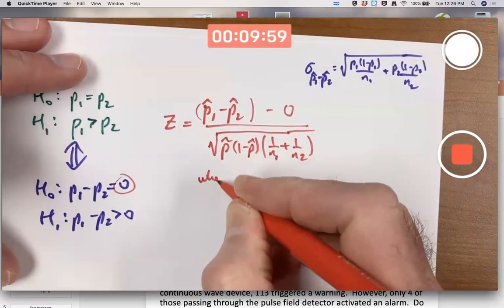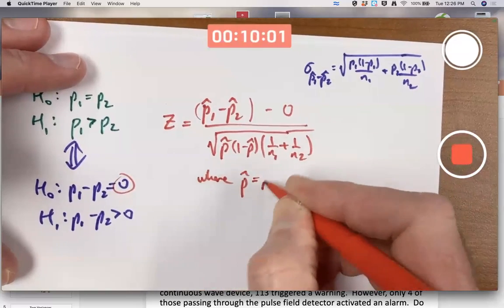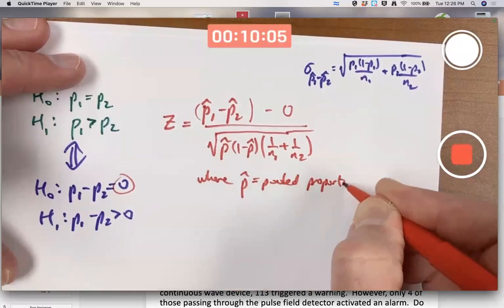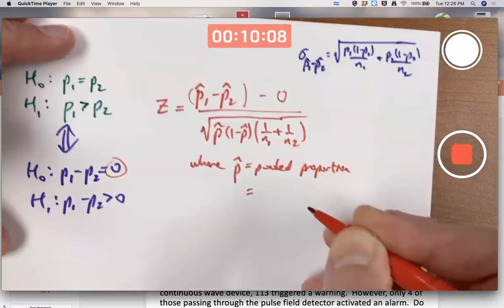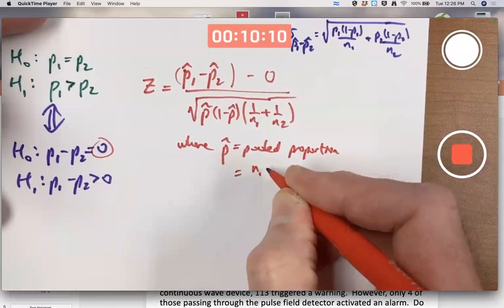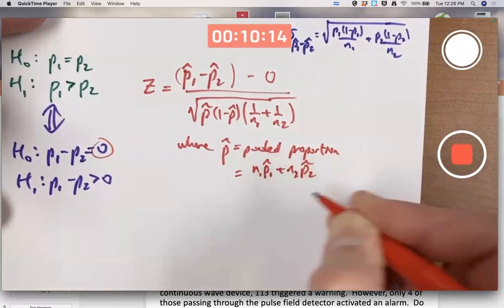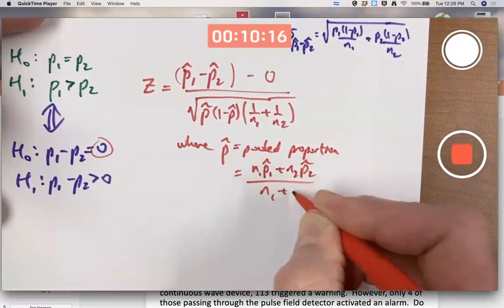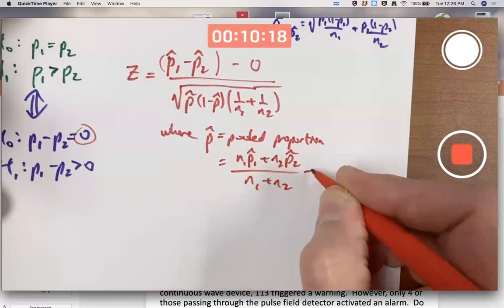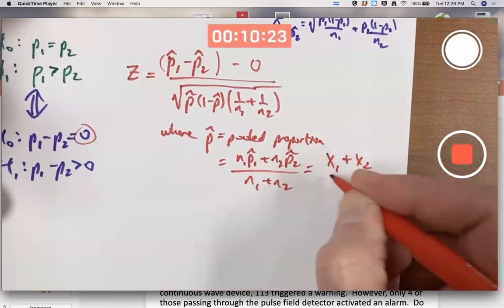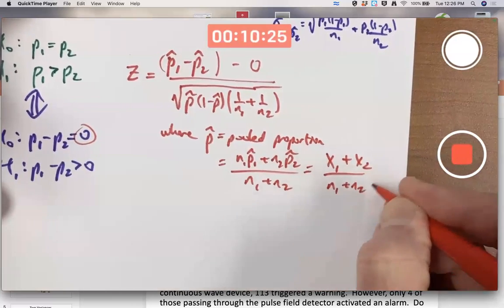Where P hat is the pooled proportion, there are two equivalent formulas for it. One is N1 times P1 hat plus N2 times P2 hat, divided by N1 plus N2. Another formula is X1 plus X2 divided by N1 plus N2.